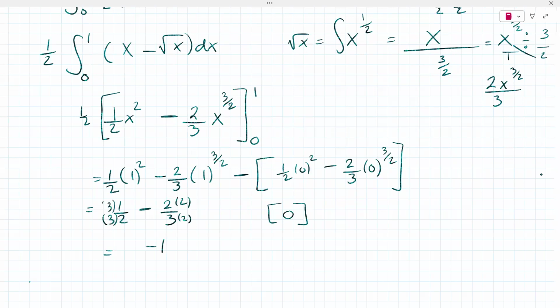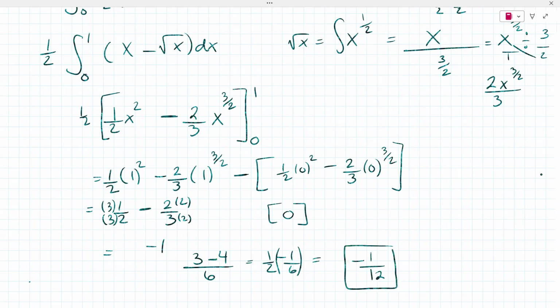That is going to be 3 minus 4 over 6, which is negative 1/6. And then you've got to multiply it. Remember, we took out this 1/2, so multiply this by 1/2. That is negative 1/12. And that's my final answer.